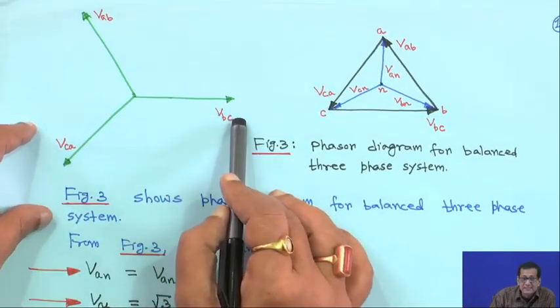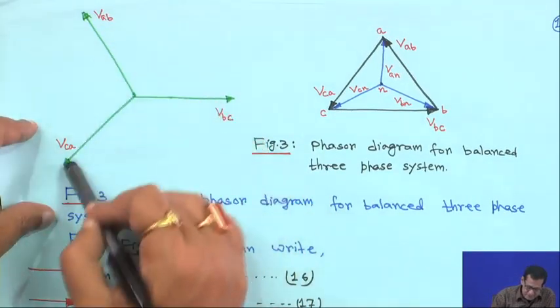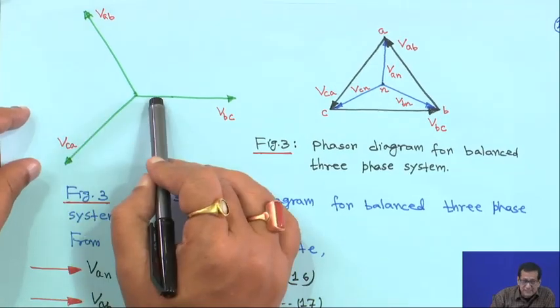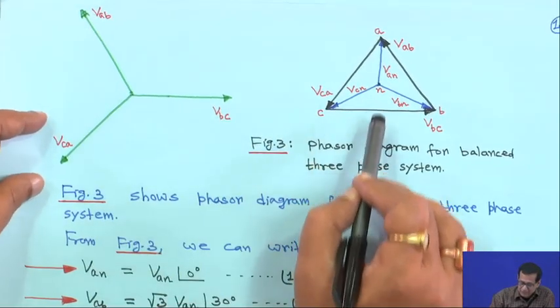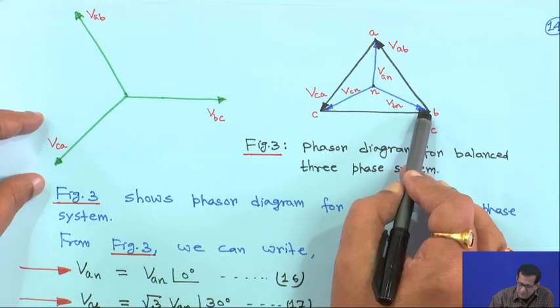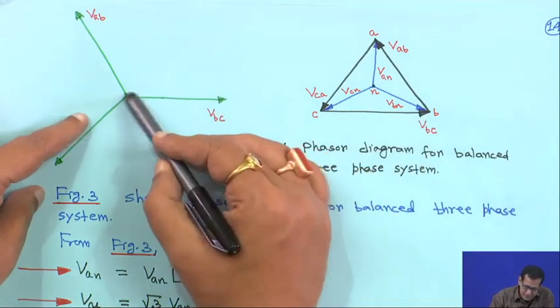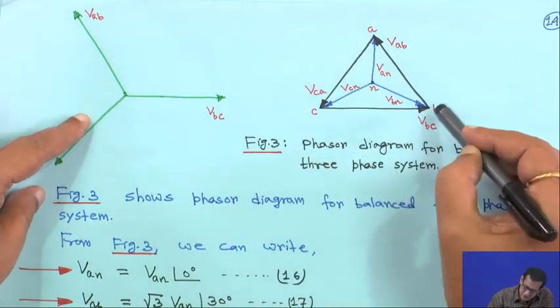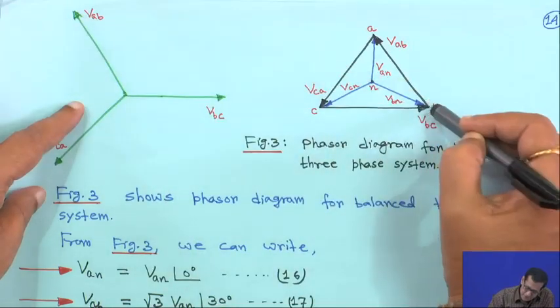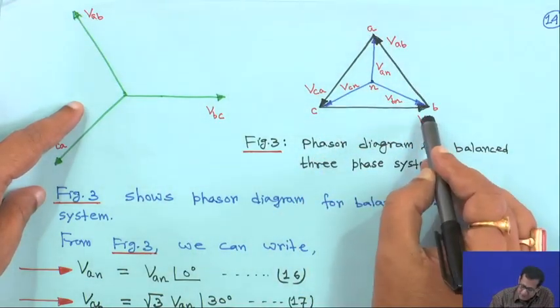Suppose this is your VBC, this is VAB and this is VCA. Using this, make a triangle here. This is VBC, and this is VAB, moving like this, so make VAB parallel.